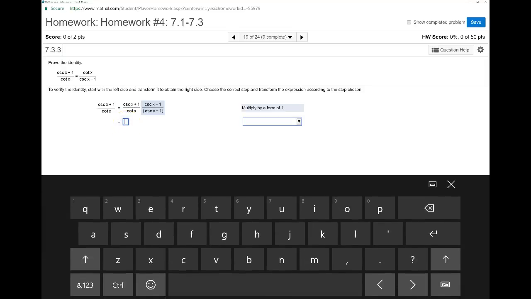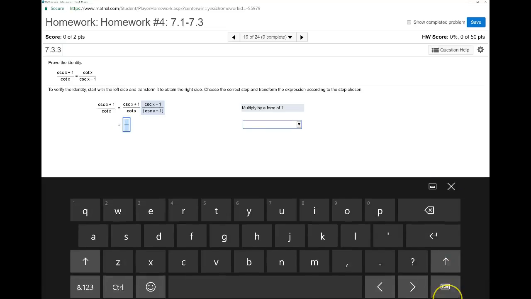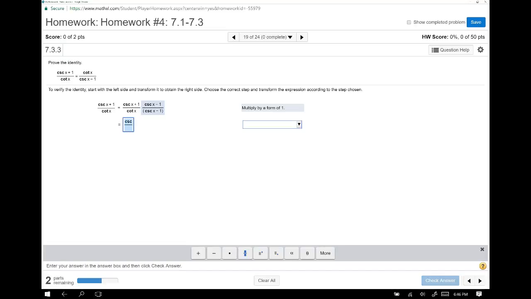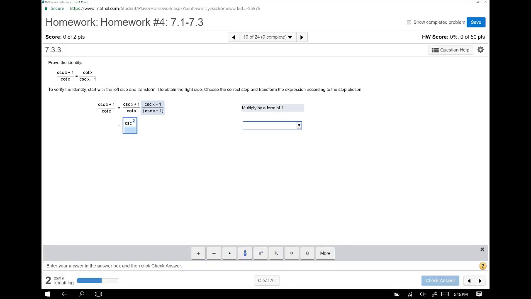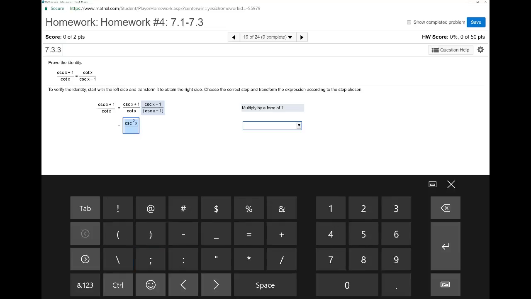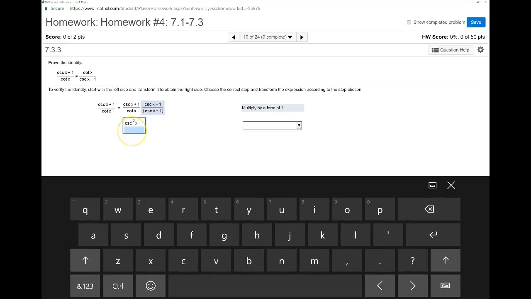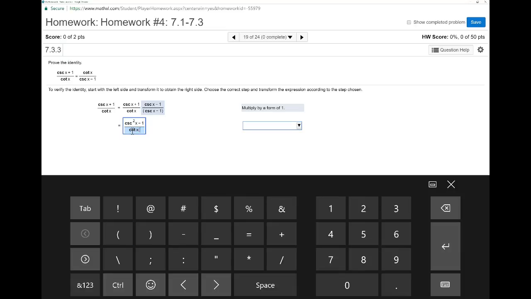And now they want to know what our answer is going to be, which is cosecant squared x minus 1 over cotangent x times cosecant x minus 1.